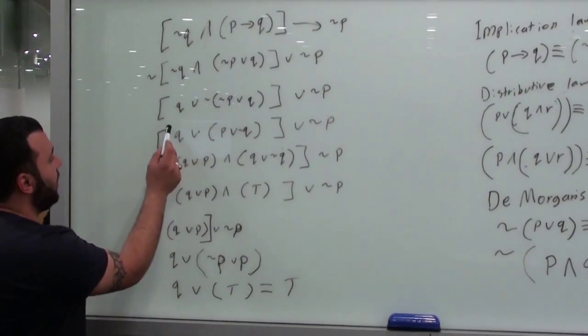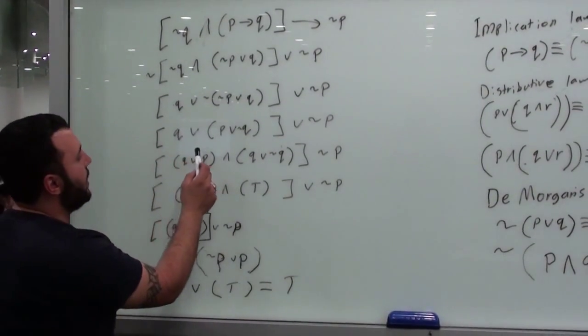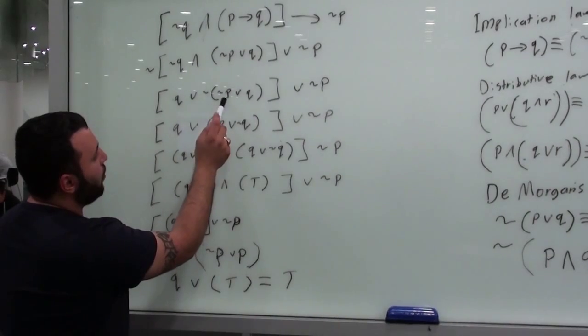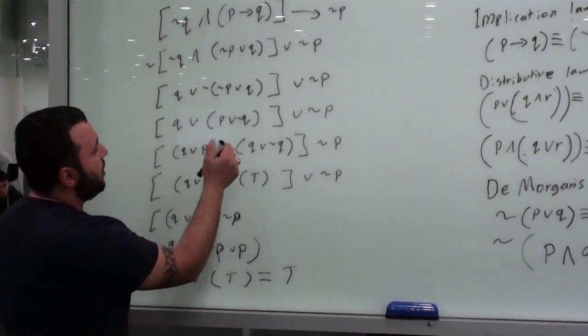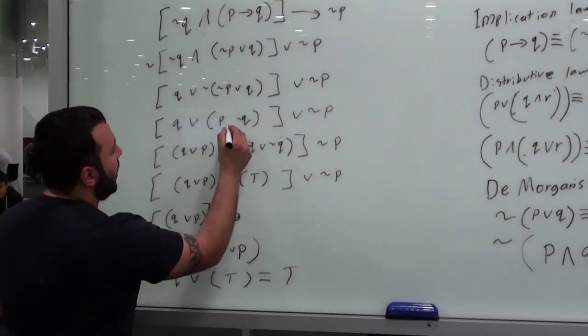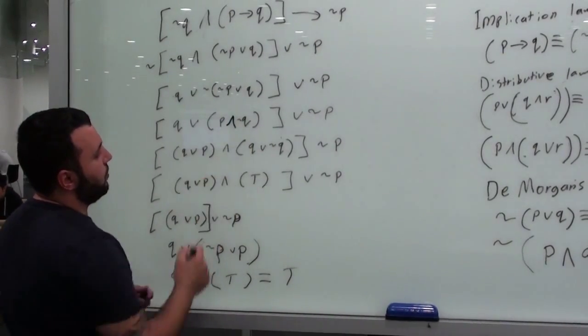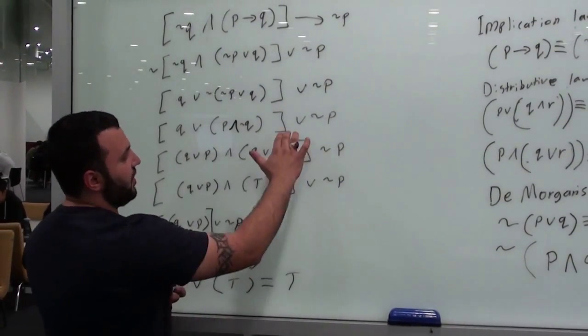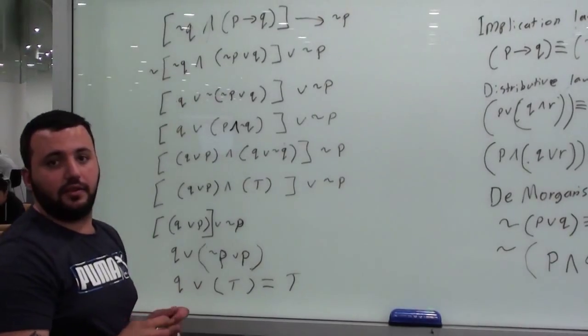So in here we have Q or, and now we shift not P, which is P, and not Q. And then we just leave that down, it's exactly the same.